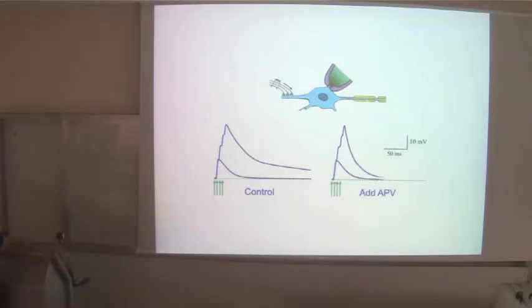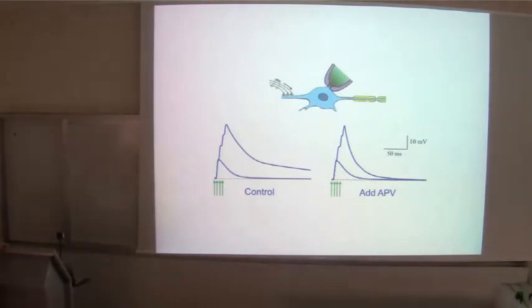So now you do a tetanus, in control and with APV, and you see that there is a big difference in the response with APV and with control.